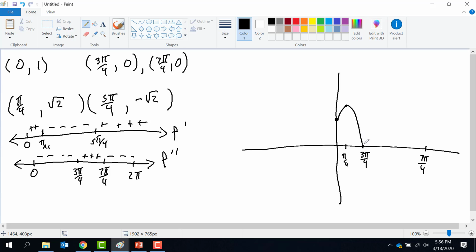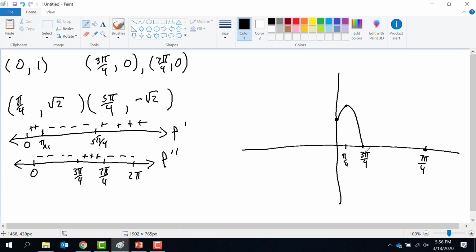Once you get past 3 pi over 4, you're still decreasing, but now you are concave up until you get to 7 pi over 4. Okay, so at 7 pi over 4, we're back at 0. But from 3 pi over 4 to 5 pi over 4, we're decreasing.